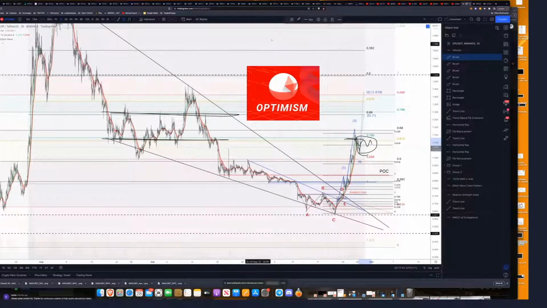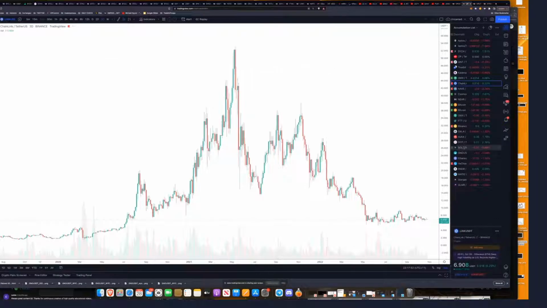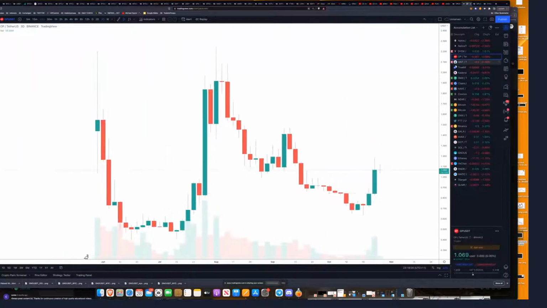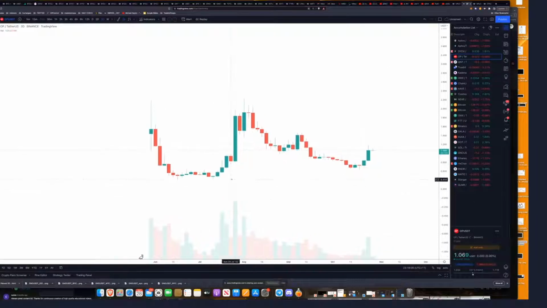And Optimism. Let's have a clean chart on this one. Where's our Optimism? Don't forget Solana, guys. Solana, AVAX. There's no Optimism here. Back up. Oh, here we go. Early days, that's all I can say for you.